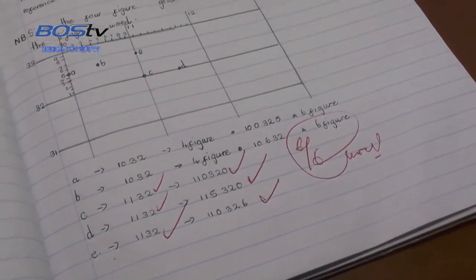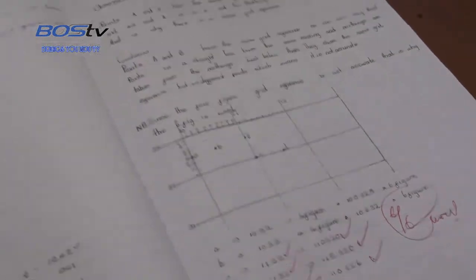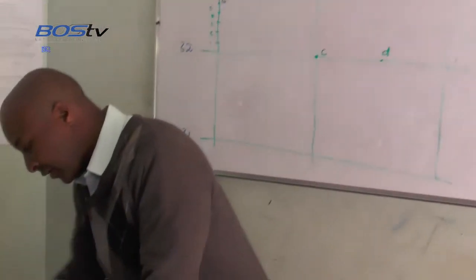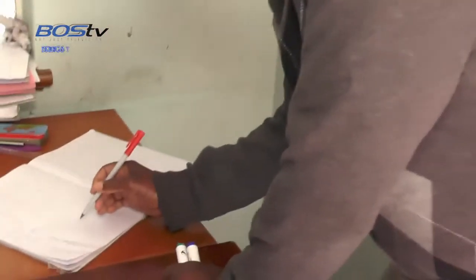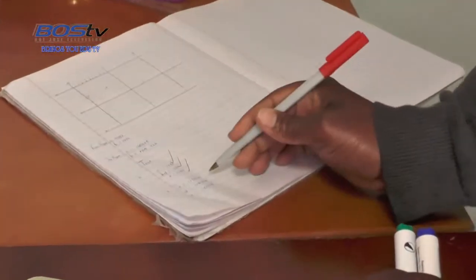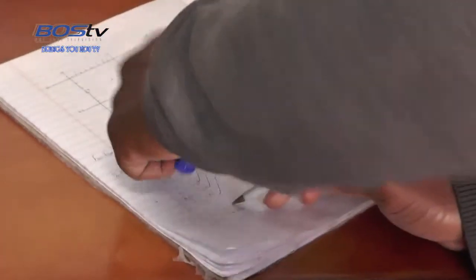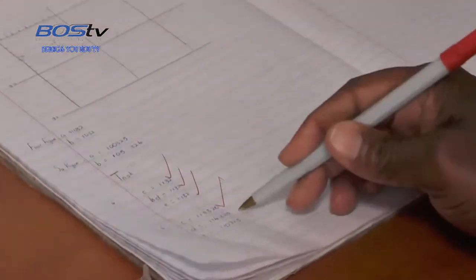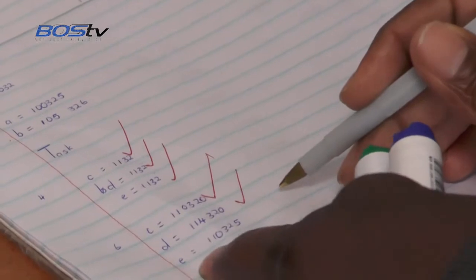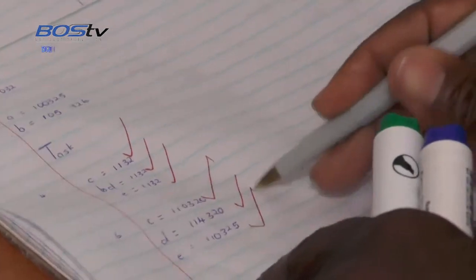Go ahead. Make sure you do both. You look at the 4 figure and the 6 figure as well. The points. Where is that one? C. Good. Your D. Good. Your E. Good.